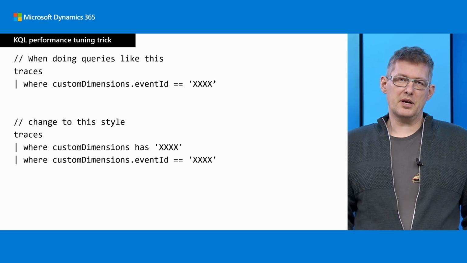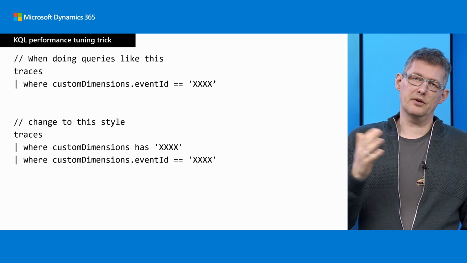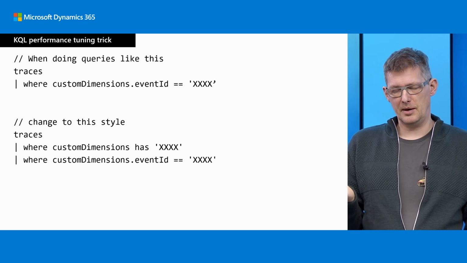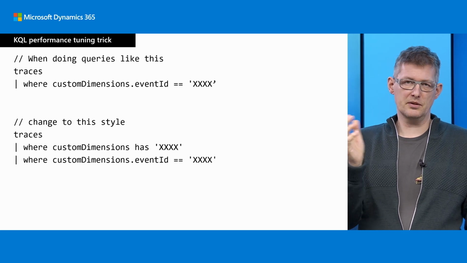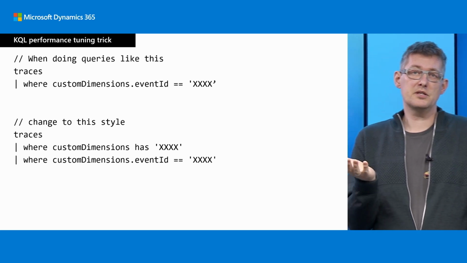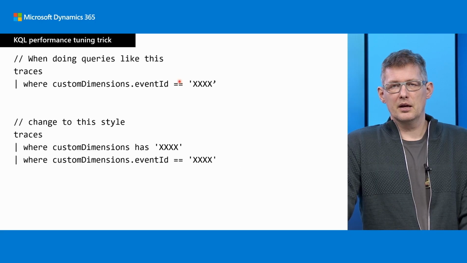Then final trick here is if you write a lot of KQL, especially for the schema of Application Insights, we put a lot of things into this custom dimension. This is a JSON structure. If you do things like custom dimensions dot, say, event ID equals something, or other where clauses before you actually go into the fun part of the KQL query.